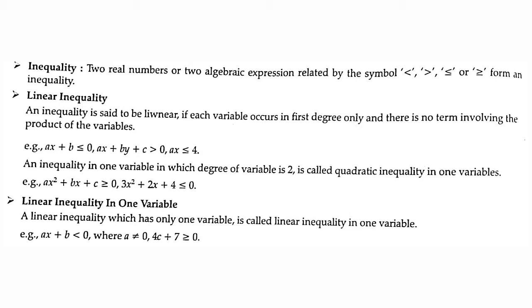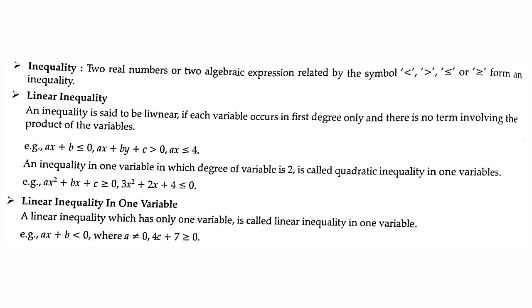An inequality is said to be linear if each variable occurs in first degree only and there is no term involving the product of the variables. For example, ax plus b less than or equal to 0, ax plus by plus c greater than 0, ax less than or equal to 4, right?